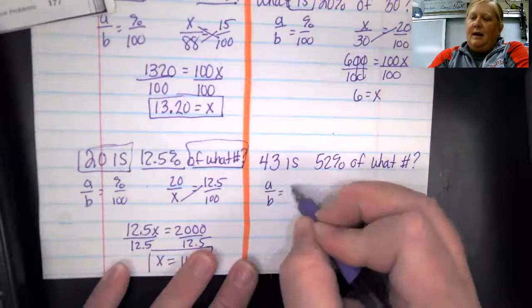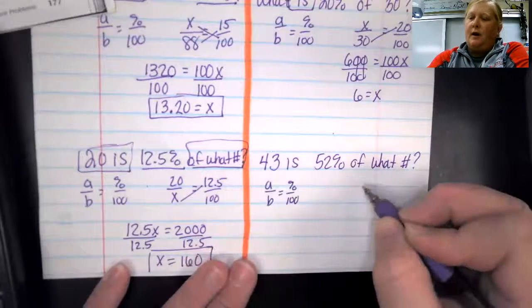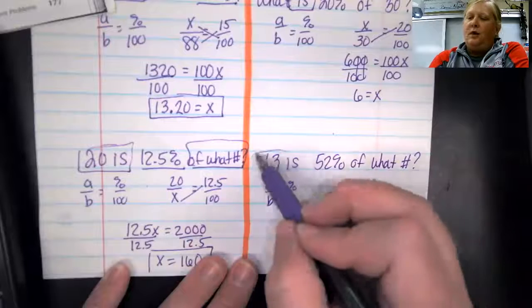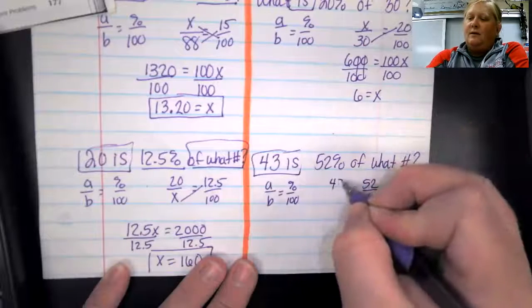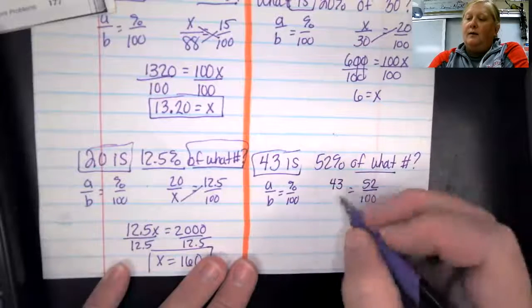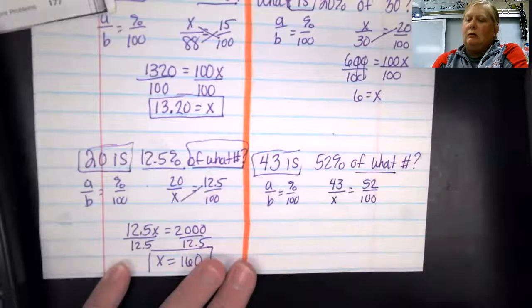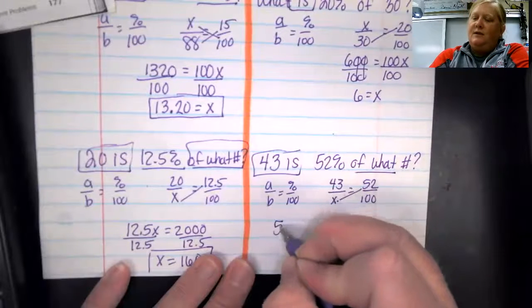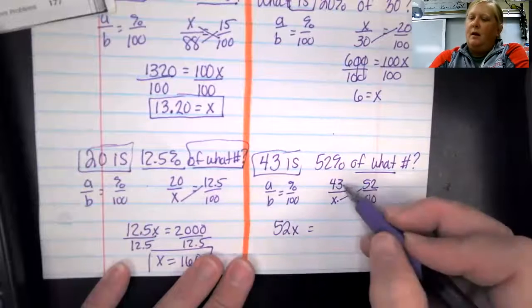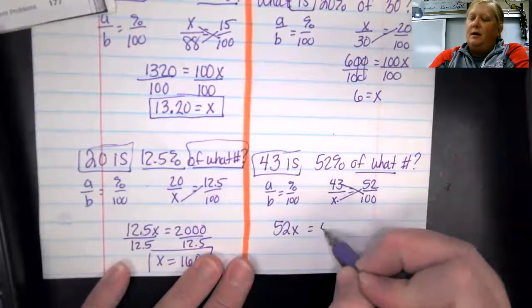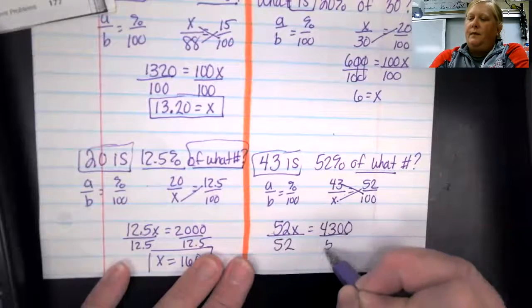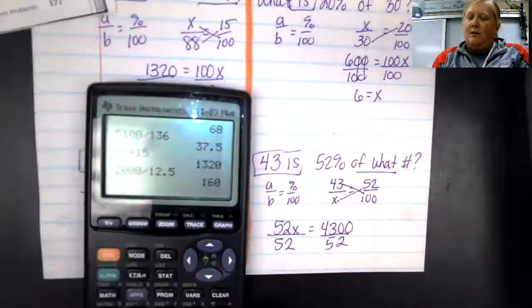A over B equals percent over 100. We'll do the easy part, 52 out of 100. Now, 43 is, that goes on top. Of is what I'm missing. There we go. x times 52 is 52x. 43 times 100 is 4,300 divided by 52.